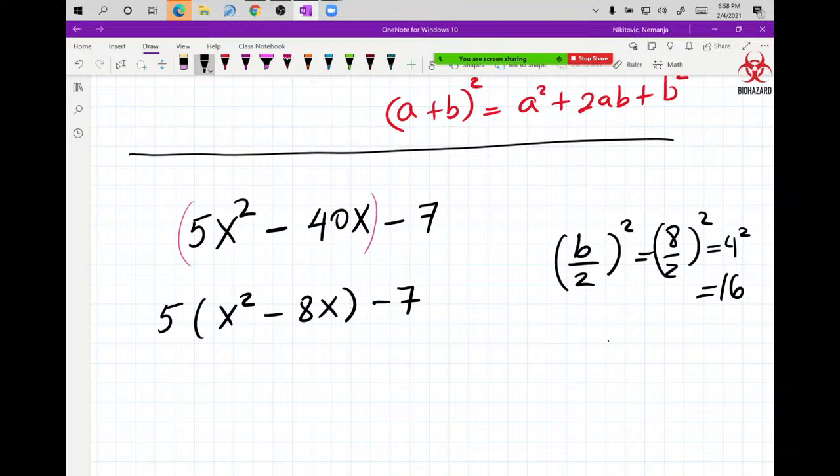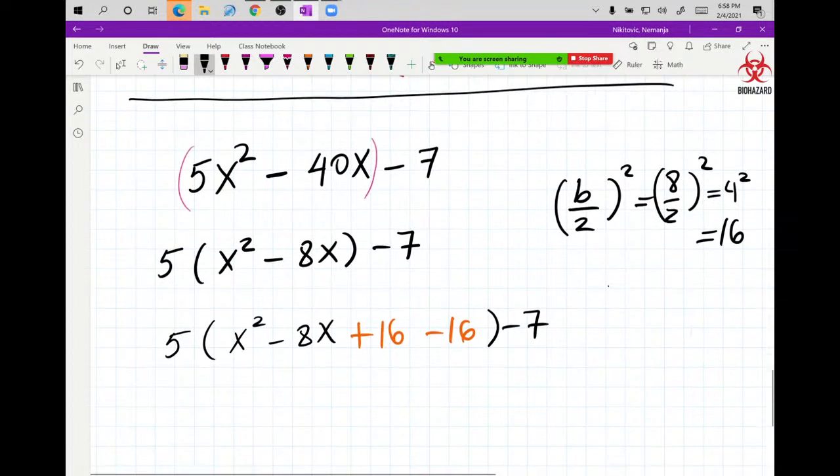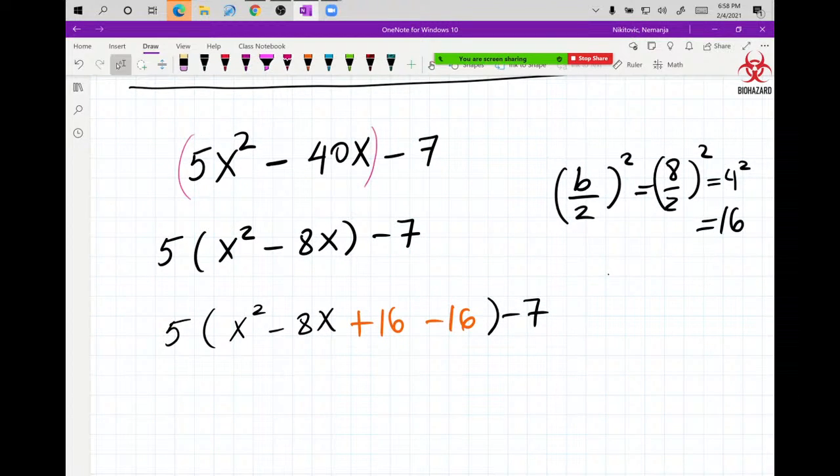So in this case, we did not get a fraction. You have your 5, x squared minus 8x. We add 16, we take away 16, and then we have minus 7. So here are the 3.